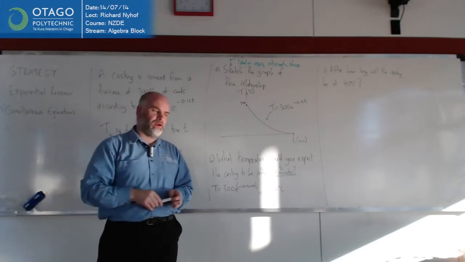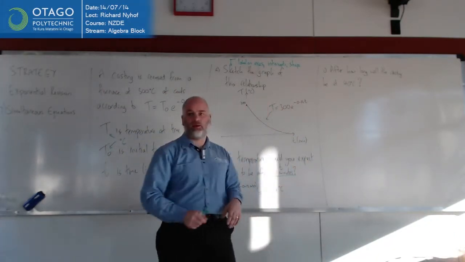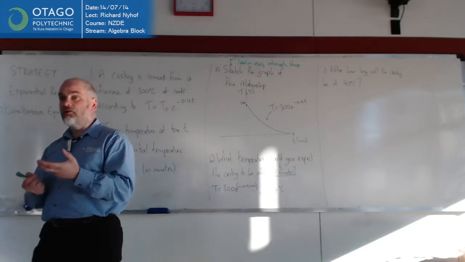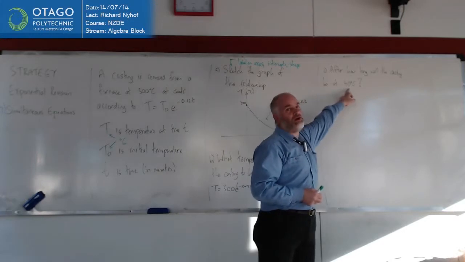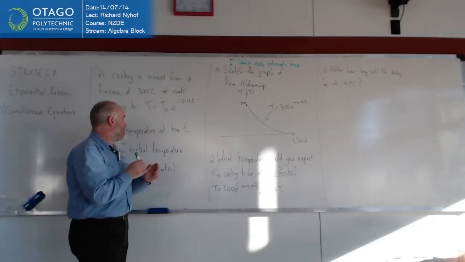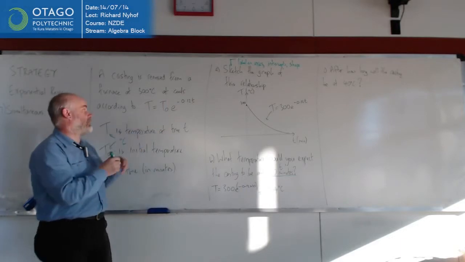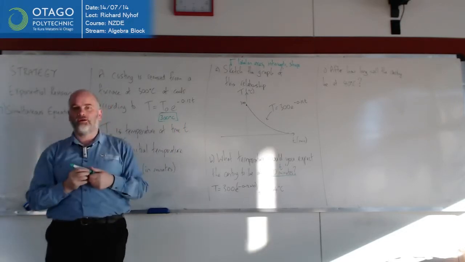Okay, so following Chris's suggestion before, where we looked at the number we were given and gave it a letter so we knew what we could substitute into the equation, this 40 degrees is going to be what? T0. T0 is the initial temperature, so T0 we already have is the 300. So it's not T0.